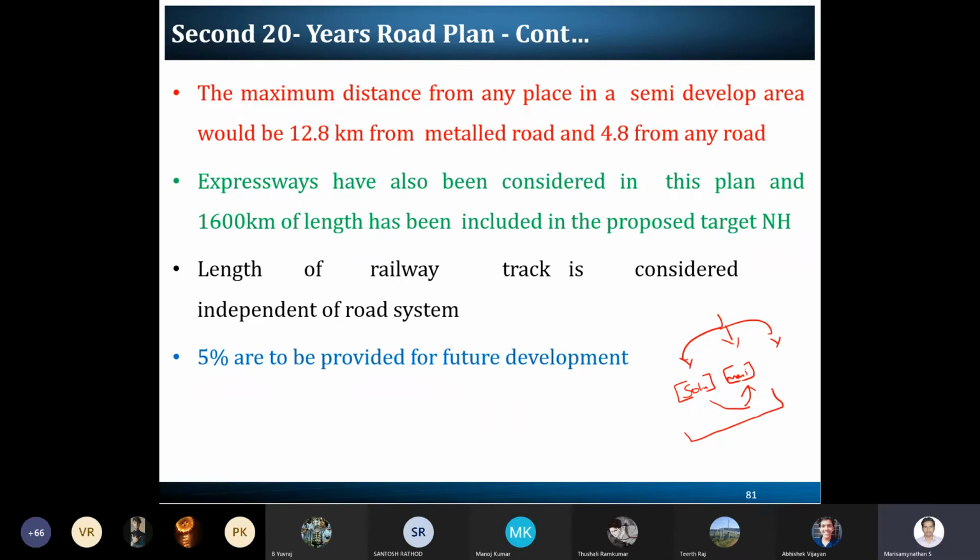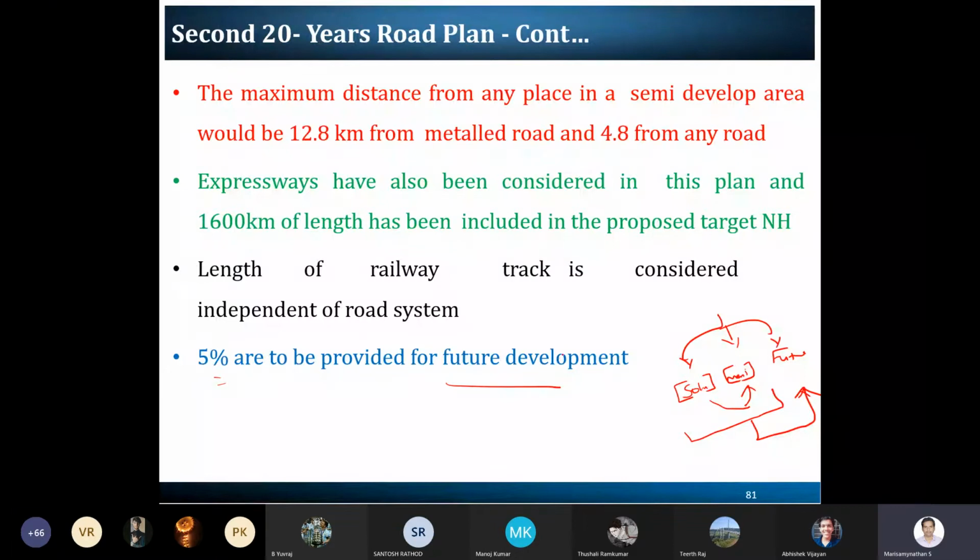Solutions and maintenance are for the present conditions, but changes are happening year by year. Am I right? So how are we going to accommodate that change, how will future developments happen? That also needs to be considered when you are proposing any project. With that aim, they provided 5% for future development.